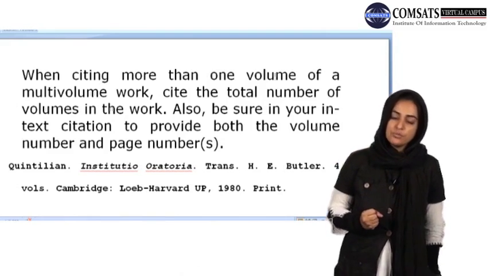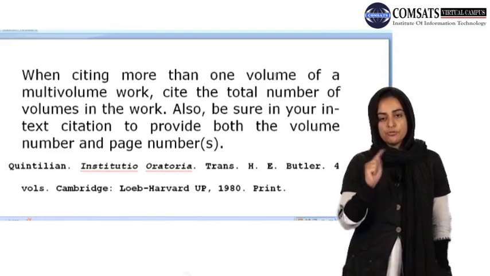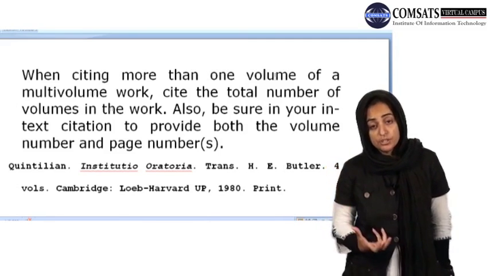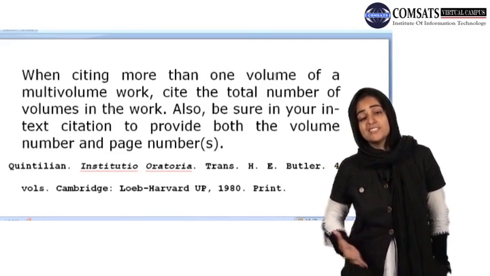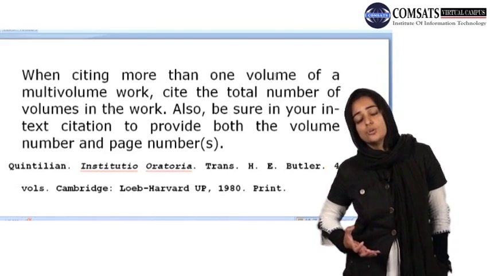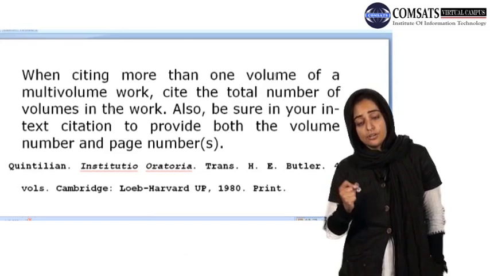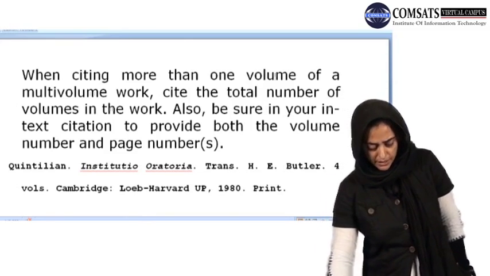If you have picked up information from 4 volumes, you will write 4 VOLS period. If from 5 volumes of the same book, you will write 5 VOLS period. Kindly have a look on the screen so that we can better understand it.